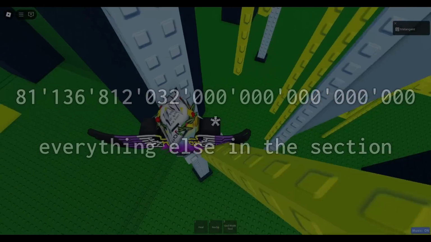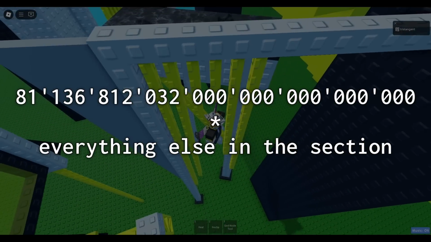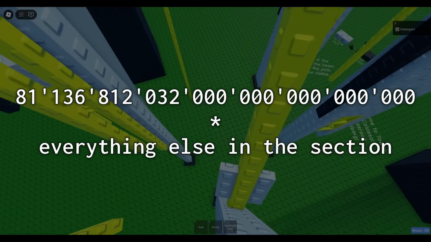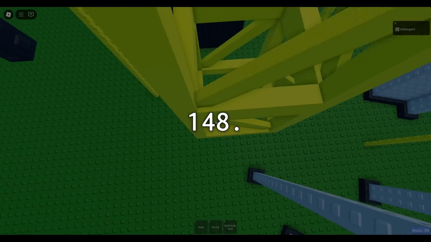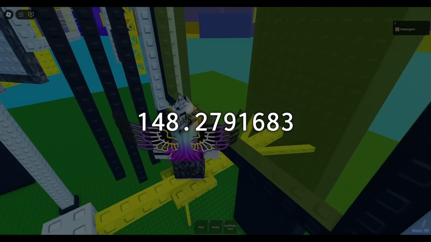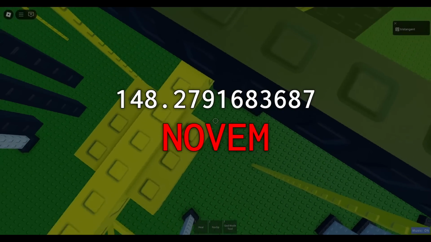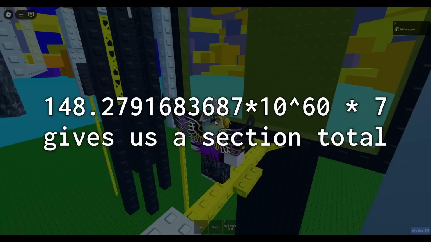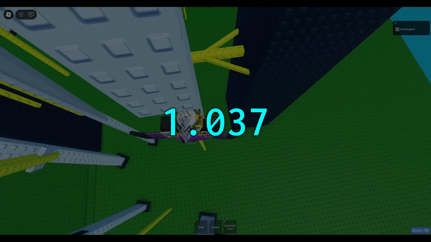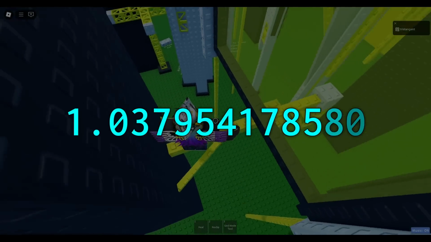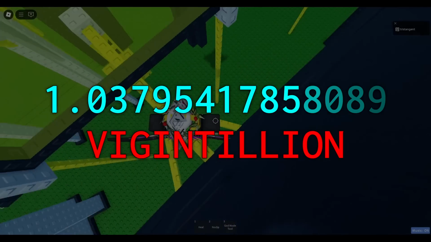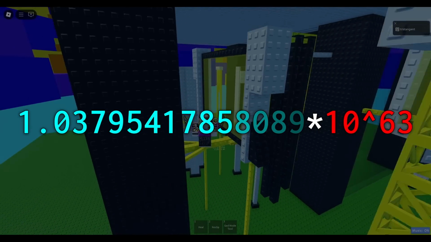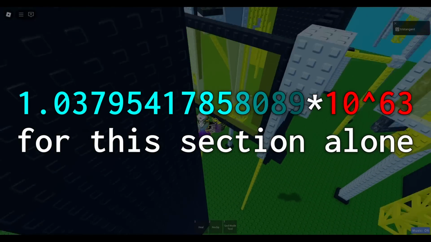So all of this combined, what we have so far from previous sections, we get 148.2791683,687 novemdecillion options. Multiplied by 7 for the amount of heads gives us a section total of 1.037954178580889 vigintillion, or 10 to the 63 options for this section alone.